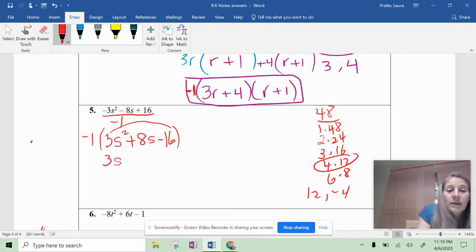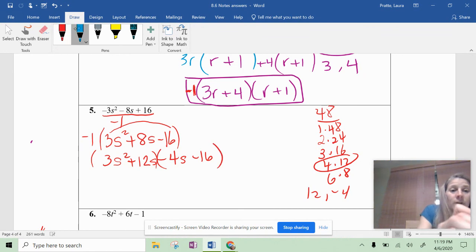So 3s squared plus 12s minus 4s minus 16. Do our GCFs there. So here we can divide 3 and 12 by 3, and we have an s. And then on this side, we can divide by -4.